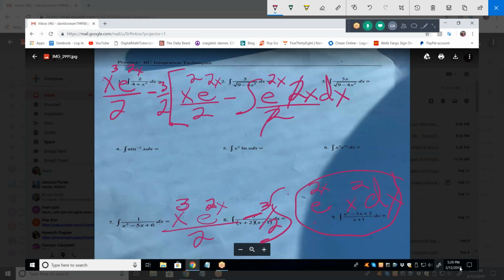Yeah, 2x dx. So that's what we're looking at now. And then you take it again, and then you get a constant.